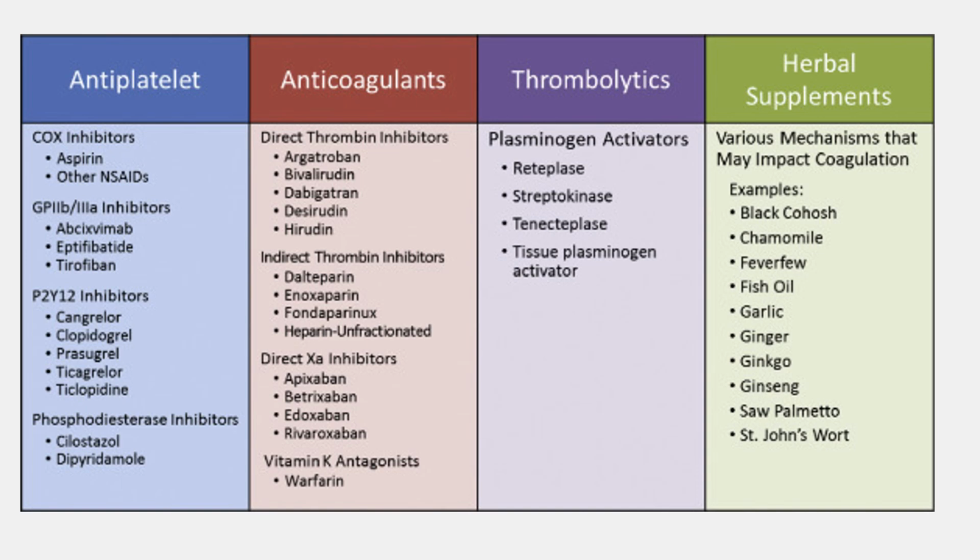We call them plasminogen activators. Why do we call them that? Well, there's a protein floating in your bloodstream doing absolutely nothing called plasminogen. And when it's activated by one of these drugs, it turns into an active protein called plasmin. And plasmin will go right to the fibrin clot and try to break it down.